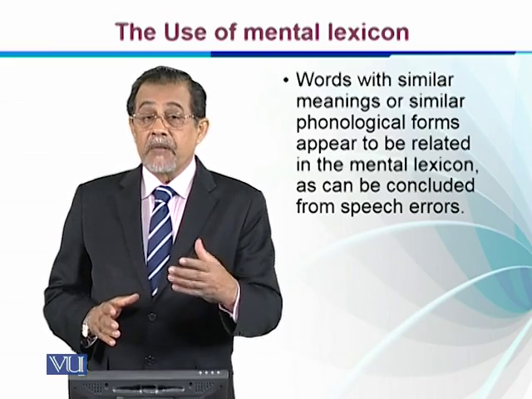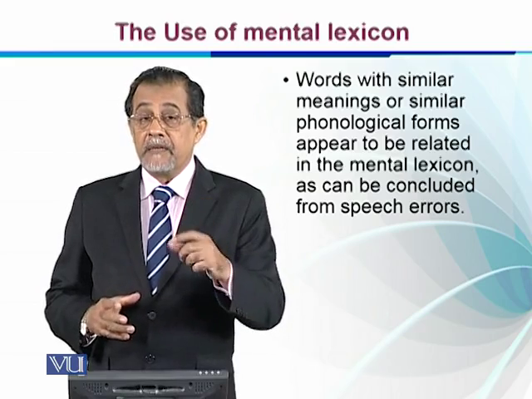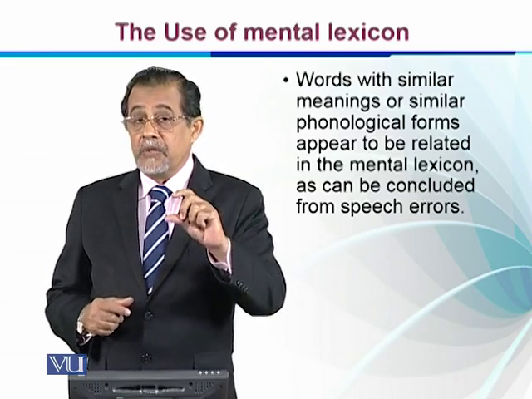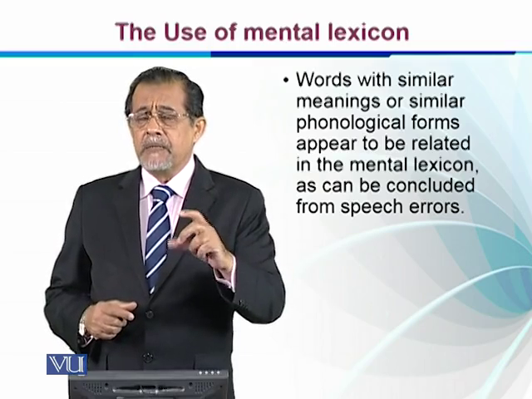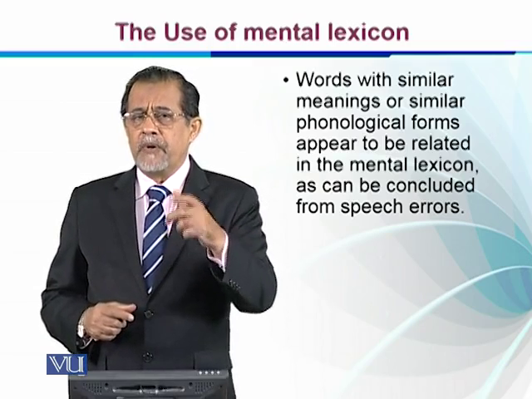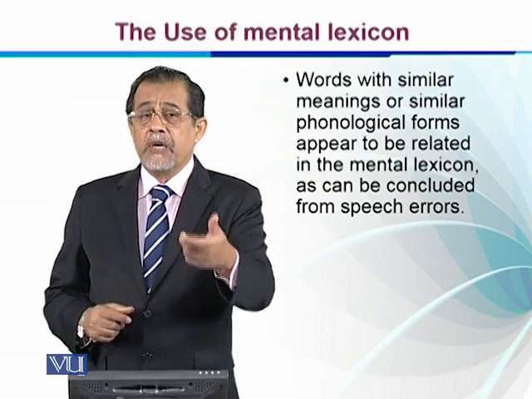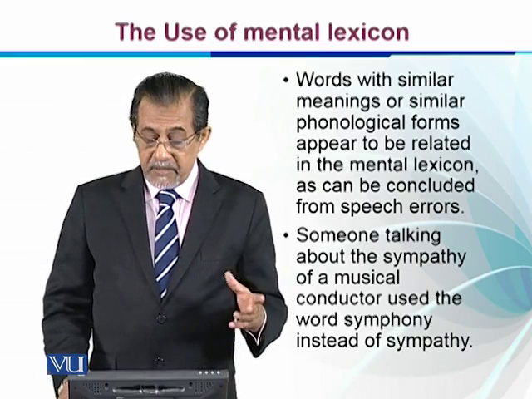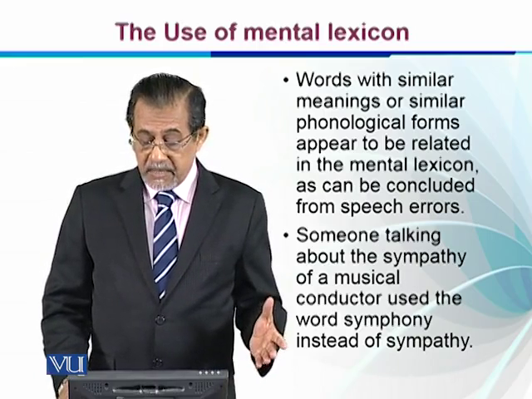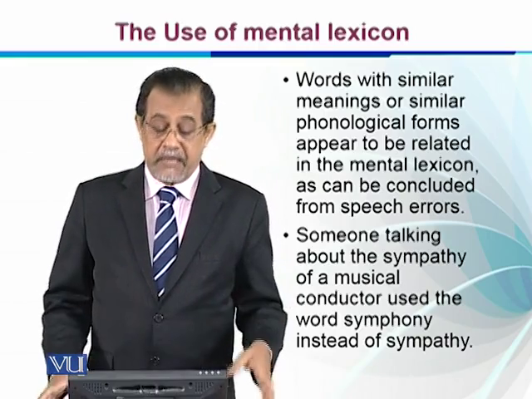Generally, when we make a speech error, we use a word incorrectly, but it has some relationship on the basis of morphology, phonology, or semantics with the correct word. Someone talking about the sympathy of a musical conductor used the word symphony because symphony goes with conductor.